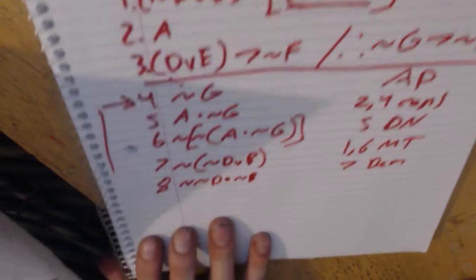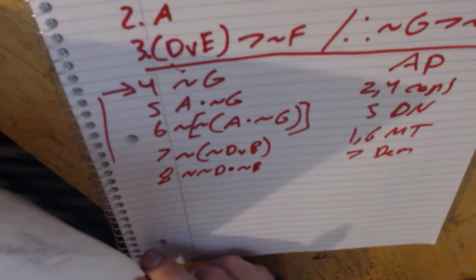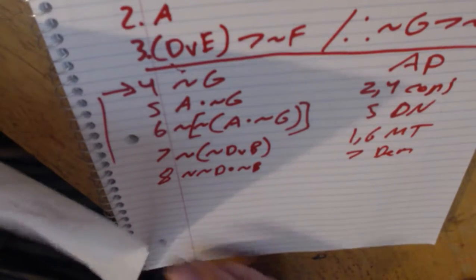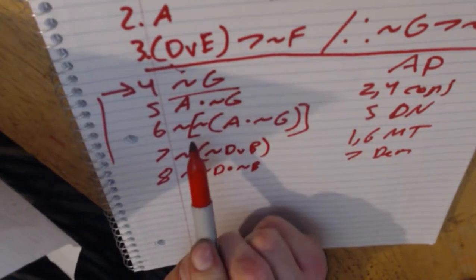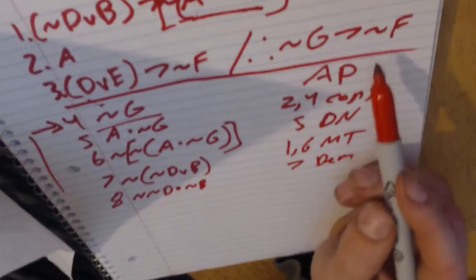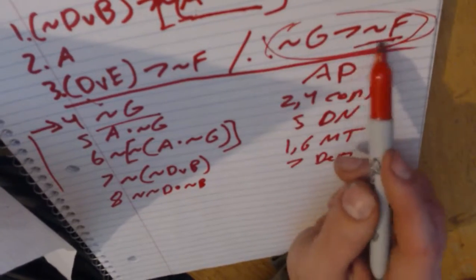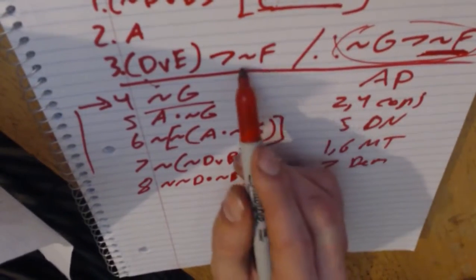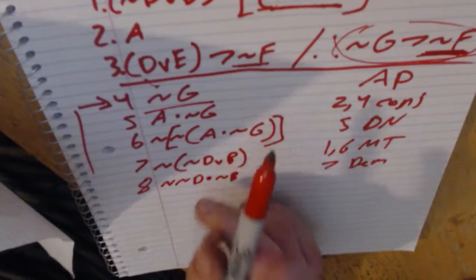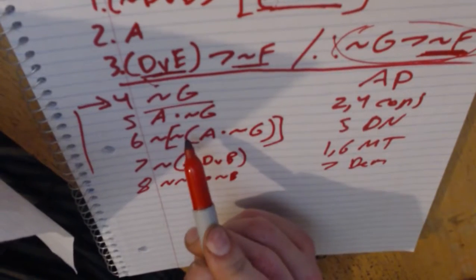I'm going to run out of room here. Alright, now we can do some simplification. Now, what was the idea? What are we trying to get to? We assume this, and we're just trying to get to that. We're not trying to create this whole thing. We just need to get not F all by itself. And we have a not F right here. So we have a D or E right here.